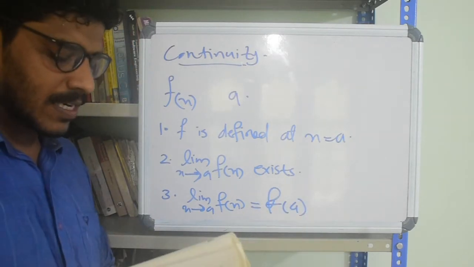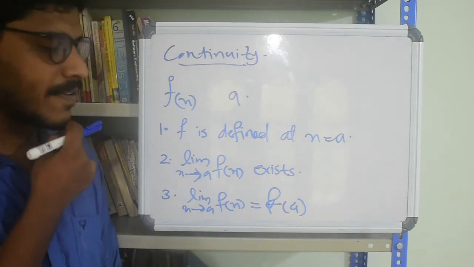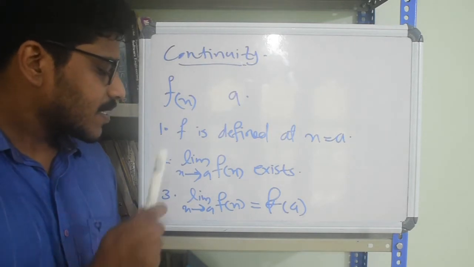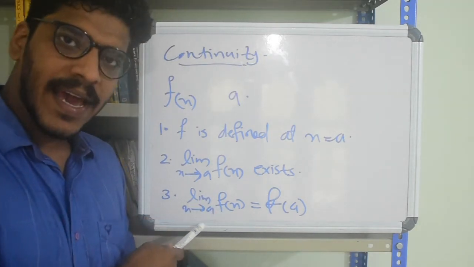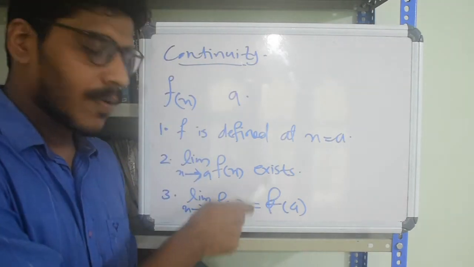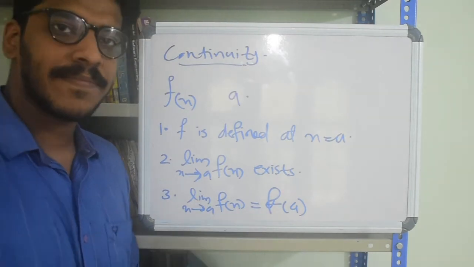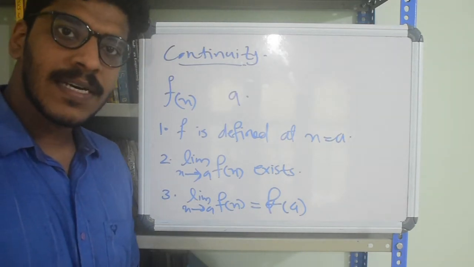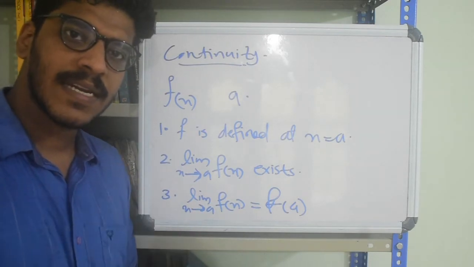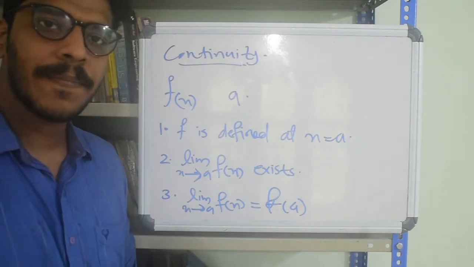This is the most pivotal part of the definition of continuity. This says that the function has a limit at a and that limit is equal to the value of the function at a. In other words, the limit of the function f at a coincides with the value of the function f at a.